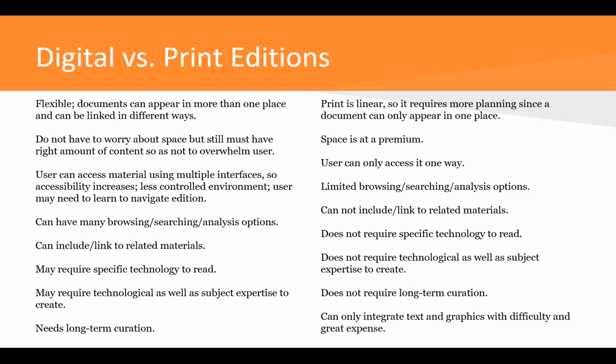You may want to do an online edition, but say you have a university press as part of your library, you may think that this would be a good candidate for publication by the press as well. So it doesn't have to be one or the other, it can be both. Next slide, please.